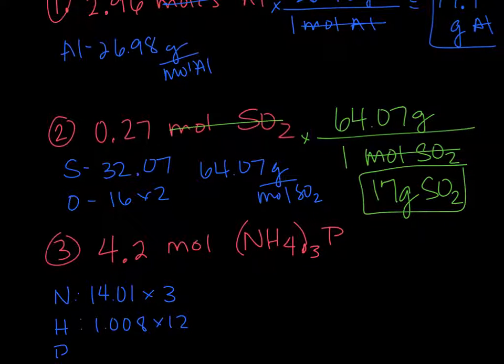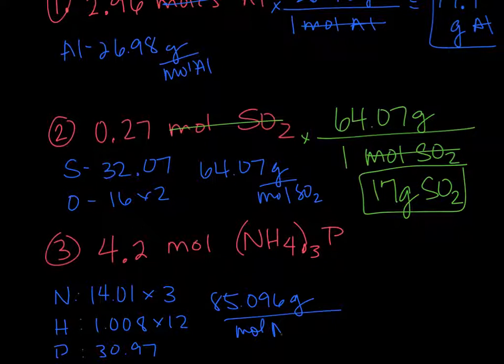And then phosphorus, the mass is 30.97. So we multiply all those out and add it up. And we end up getting 85.096 grams per mole of ammonium phosphide.